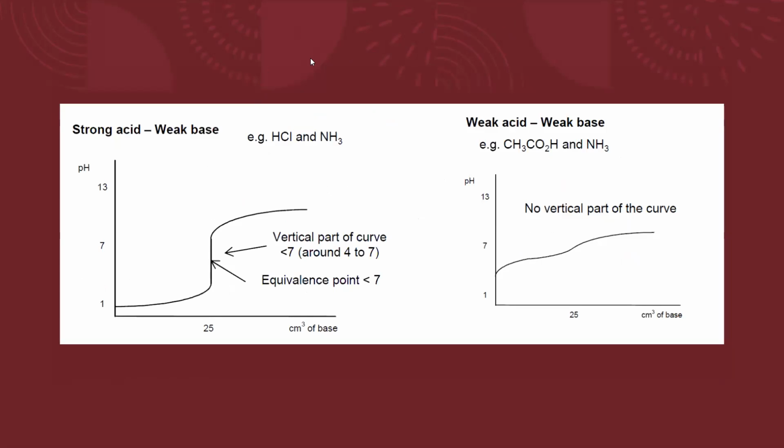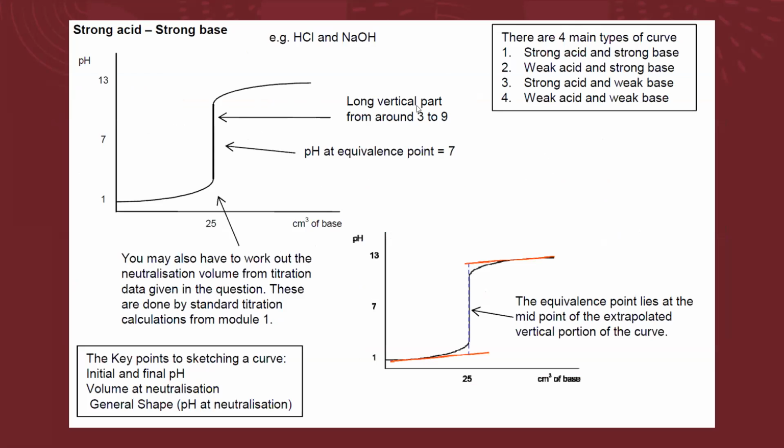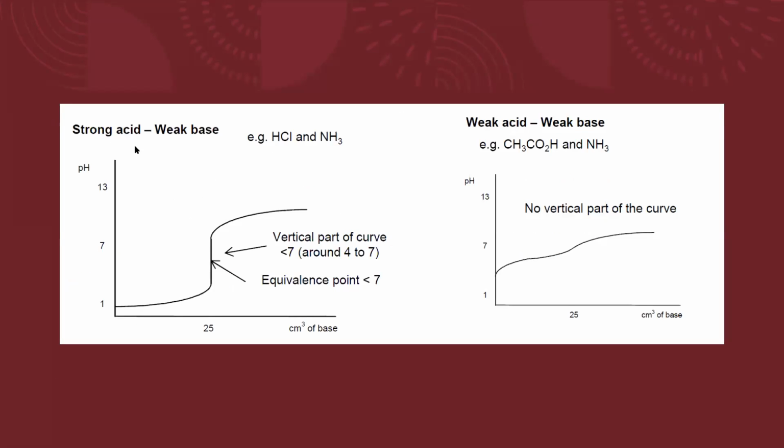Same way, if we are carrying out a titration with a reaction between a strong acid and a weak base, the pH of the strong acid will be less than 2, and the weak base pH will be less than 12.